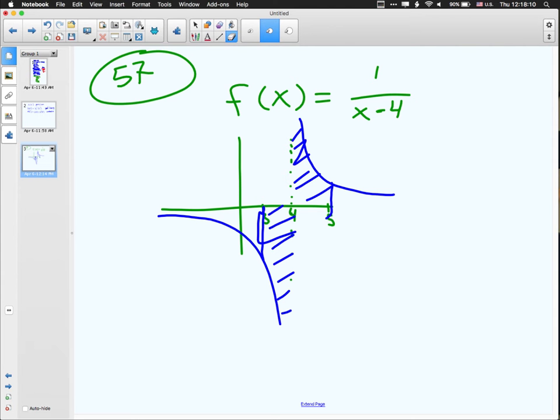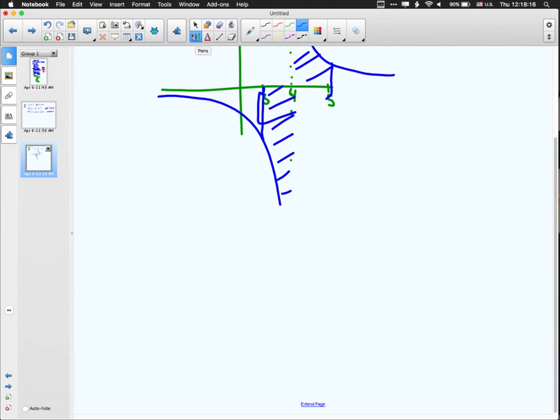Okay. You can look at the integral, which defines the area, right? If we could find the area, that's what it would look like.